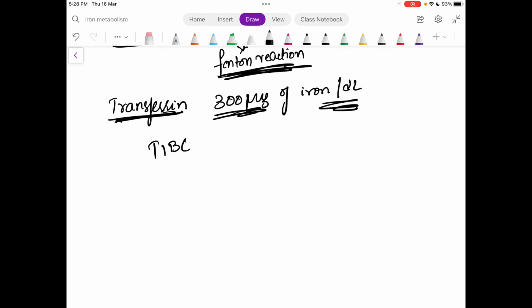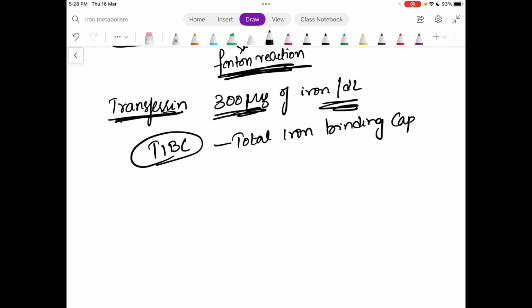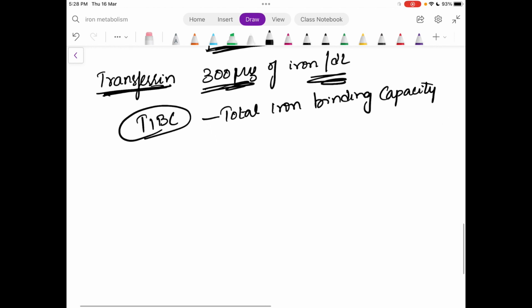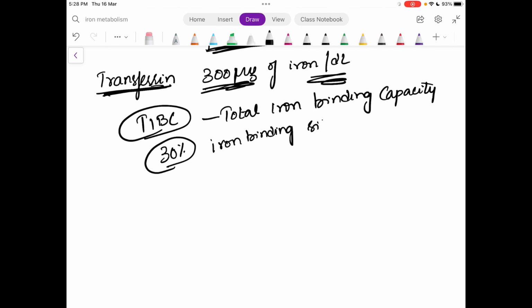This is called TIBC, that is, total iron binding capacity. And that means 30% of transferrin is occupied by iron, that is, 30% of iron binding sites are occupied by iron.